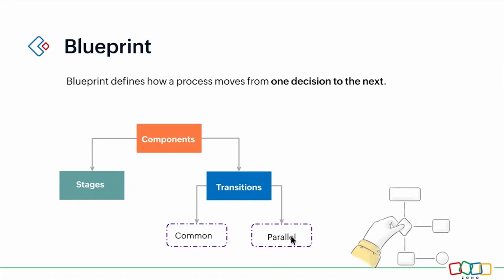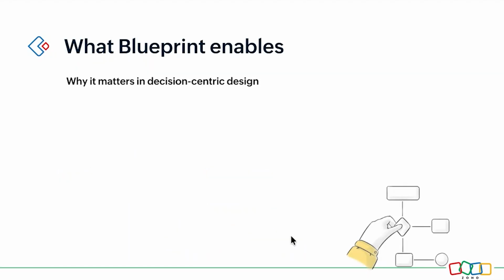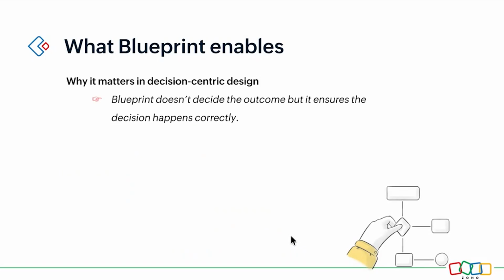With the help of these blueprint components, we can manage the overall progress of your decision request. To add more, the blueprint does not decide the outcome, but it ensures when the decision should happen and what the correct order for the decision should be.